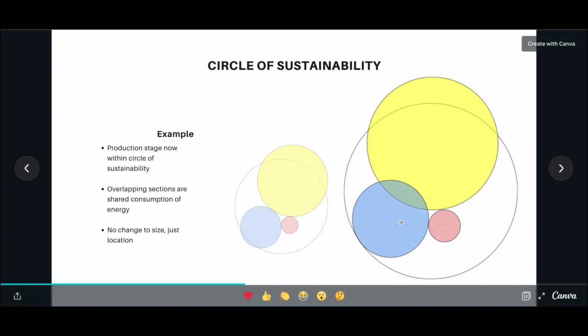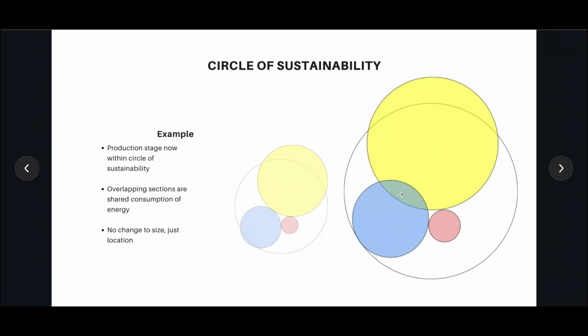And in order to do that, it had to overlap with the product usage stage. So the production stage is now fully within the circle.